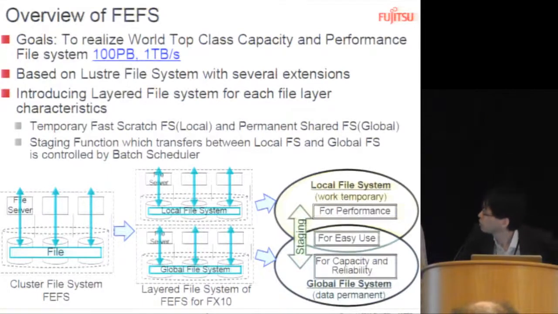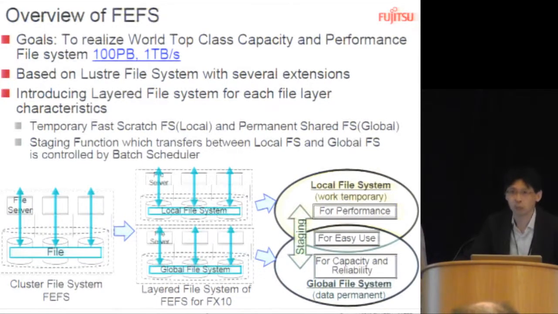This is the president's slide from LUG 2011. Our goal in developing FFS is to realize a world top class capacity and performance file system. Our goal was 100 petabytes and 1 terabyte per second. The file system FFS is based on the Lustre file system with several extensions.